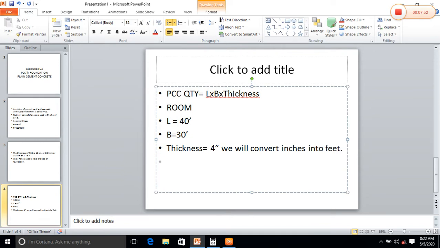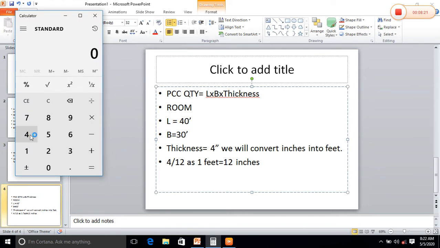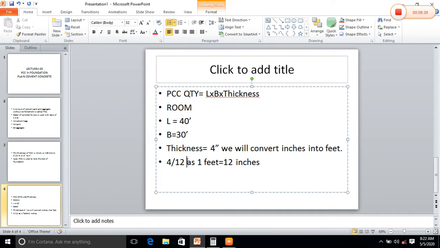So 4 divided by 12, because 1 feet is equal to 12 inches. So 4 divided by 12 is equal to 0.33.